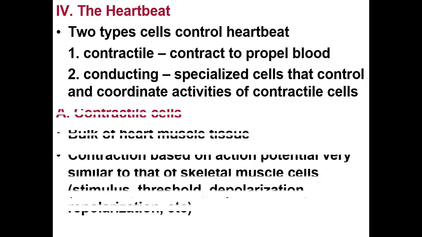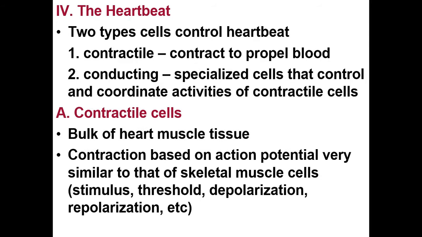How does this work? Well, you have this conducting system that controls the contractile cells. Almost all of the contractile cells of the heart are made of cardiac muscle tissue. The contraction is based on action potentials very similar to that of skeletal muscle.